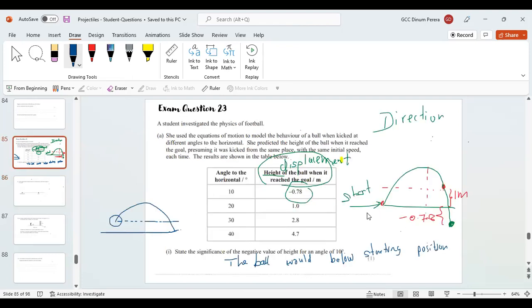Right. Let's go back to the table. When the angle is 20, the height is 1 meter.